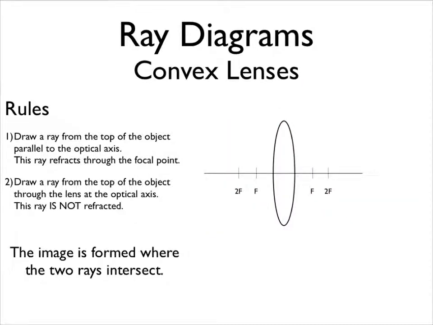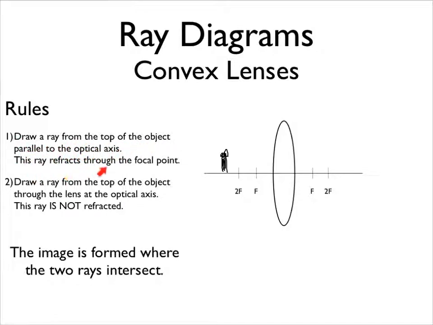So let's look now at the ray diagrams for double convex lenses. Now, instead of doing a tree this time, I'm just going to do a little arrow. Maybe that'll be easier to draw. No, not really, but that's okay. You get the picture. All right, so here are our rules. First, we're going to draw a ray from the top of the object parallel to the optical axis.